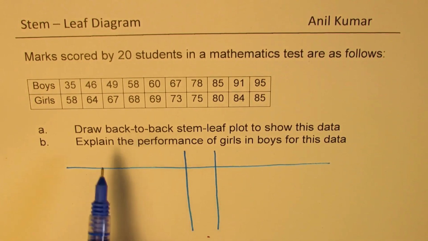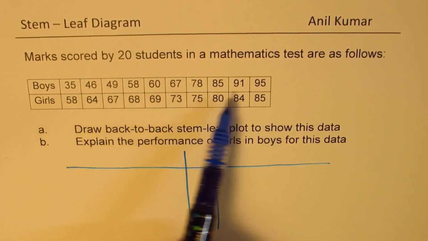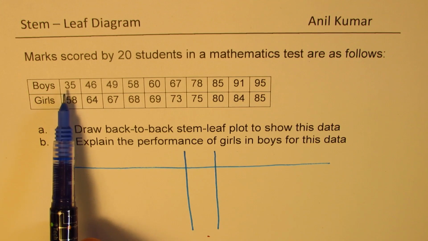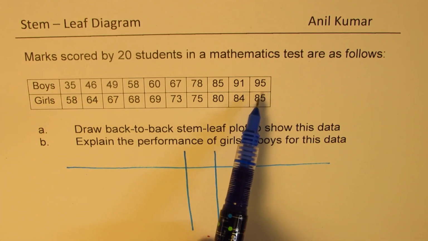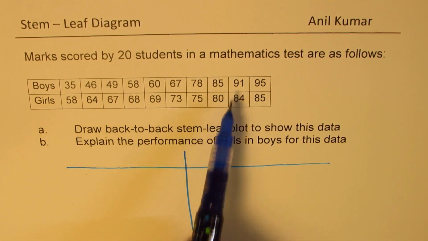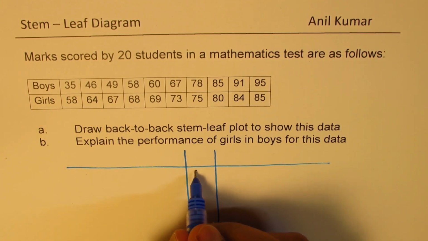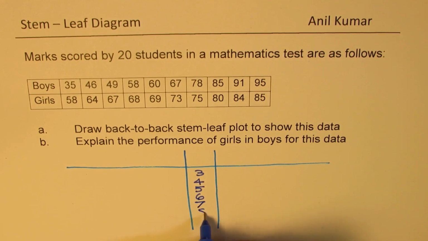What you see here is data that has been arranged. Normally it may not be arranged. It goes from 35 to 95. So in the stem part, we get 3, 4, 5, 6, 7, 8, and 9. So I can write this here, right? So we have 3, 4, 5, 6, 7, 8, and 9.